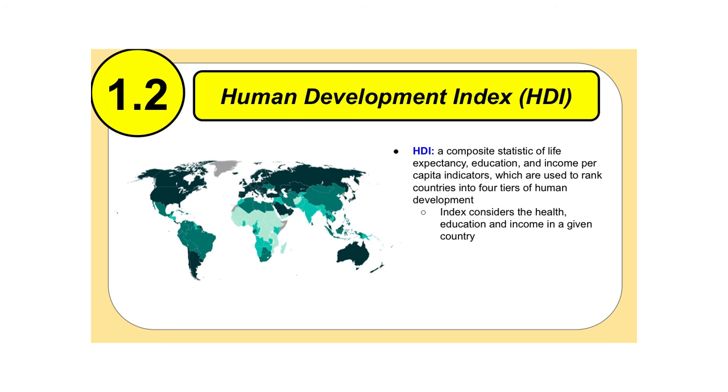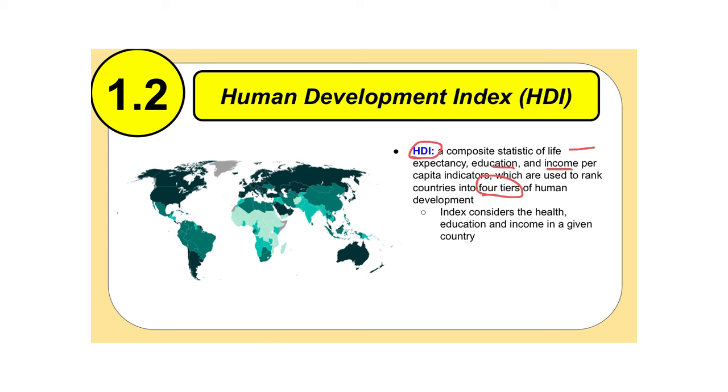So the next method that's used to measure development often is something called the HDI, or Human Development Index. So the Human Development Index is a composite statistic of life expectancy, education, and income per capita indicators, which are used to rank countries, and there are going to be 4 different tiers of human development.